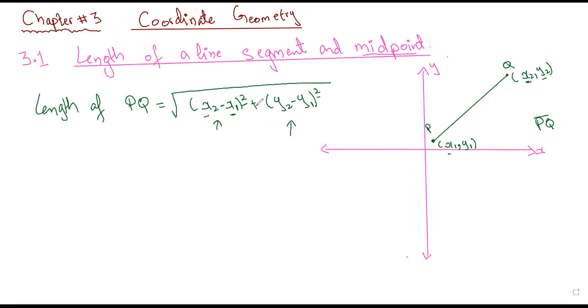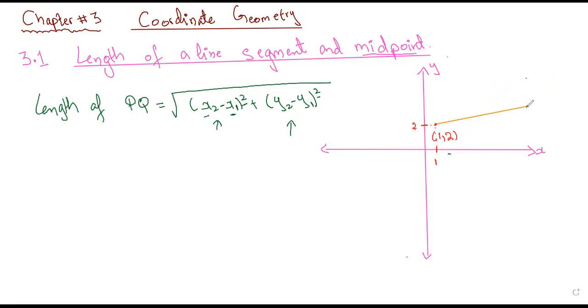So let's say that if we have a question, so I will make another line. This was the formula. Let's say that this is our line and the endpoints are, this point is 1, 2. When I say 1, 2, it means that the value of y is 2 and the value of x at this point would be 1.